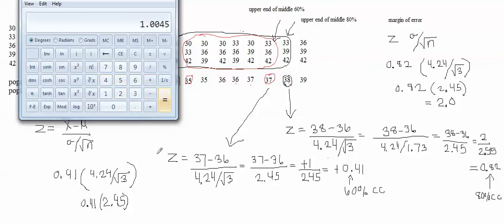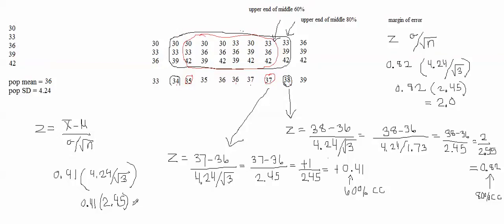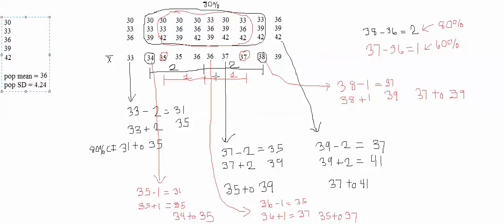Comes out to very close to 1, which was our 60% margin of error way back at the beginning. So it's just another method of finding this margin of error right here.